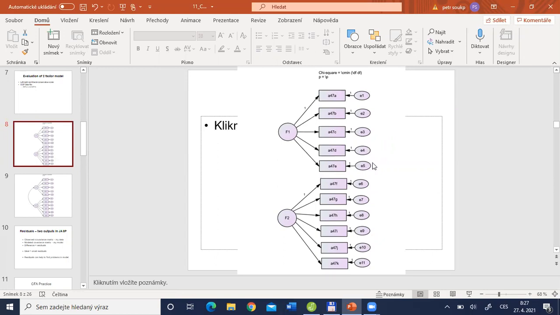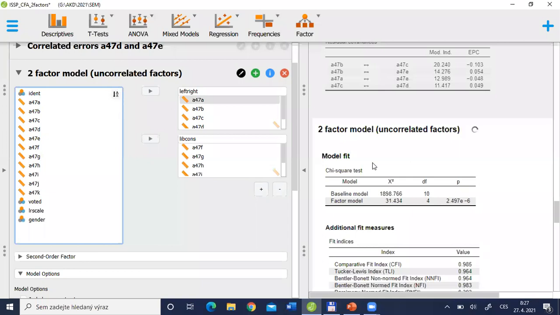So here we are, still not computed on my machine, so I hope you can see results, and maybe before my computer finishes the result, somebody can read out your results. It means CFI, TLI, RMSEA.